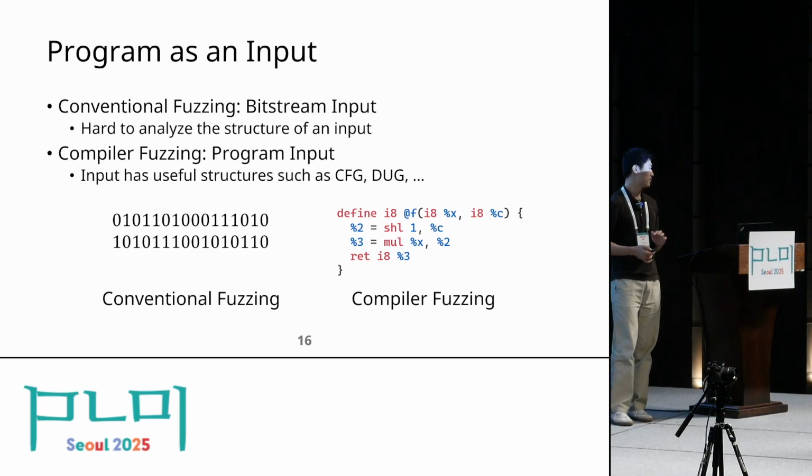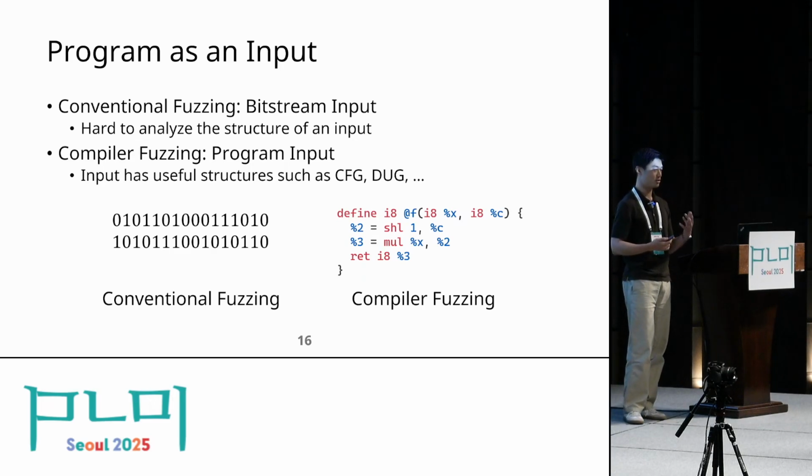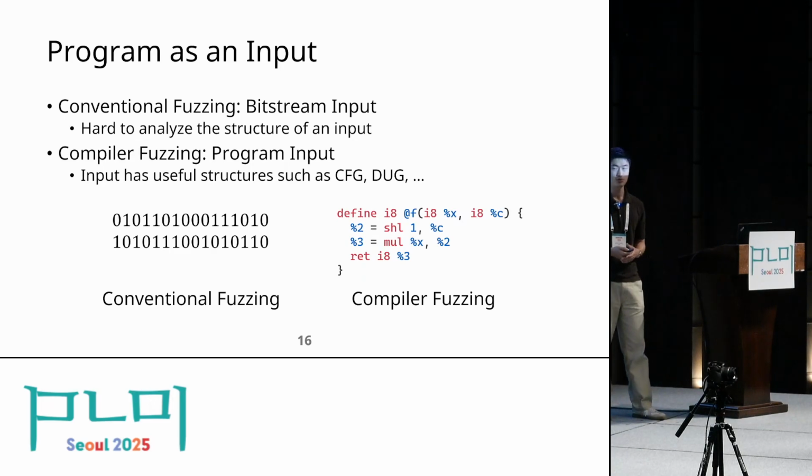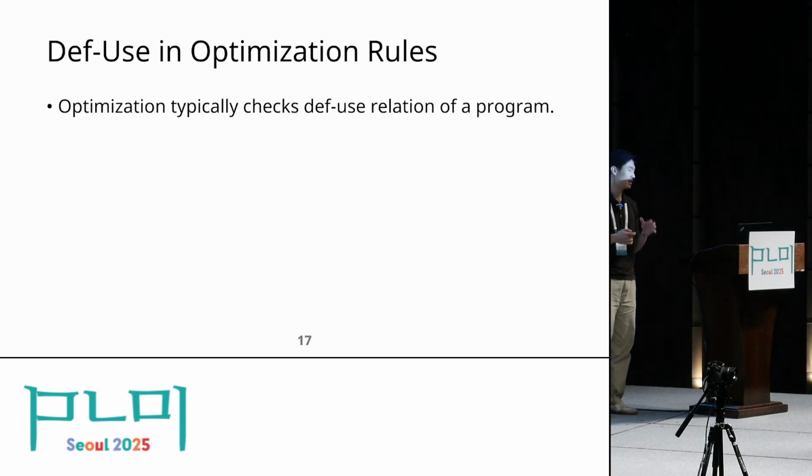And because this is a program, it has really useful structures like control flow and def-use that we can use. The def-use relation is extensively used in optimization, because optimization typically checks the def-use relation of a program to actually apply an optimization rule.